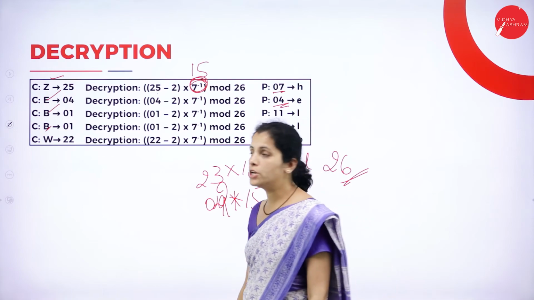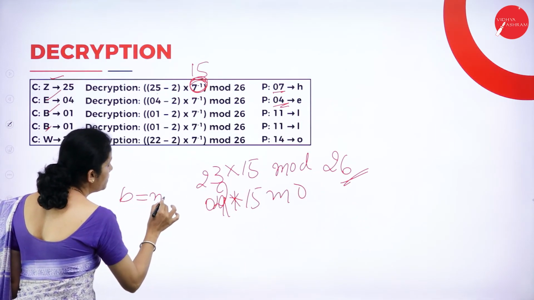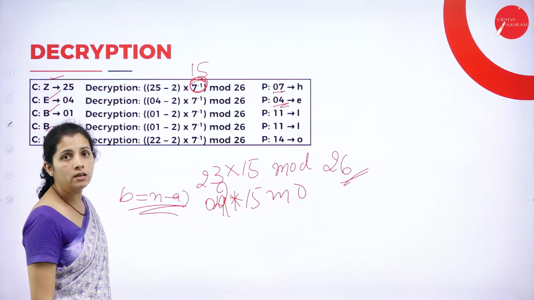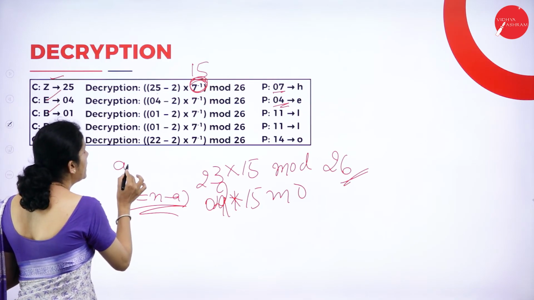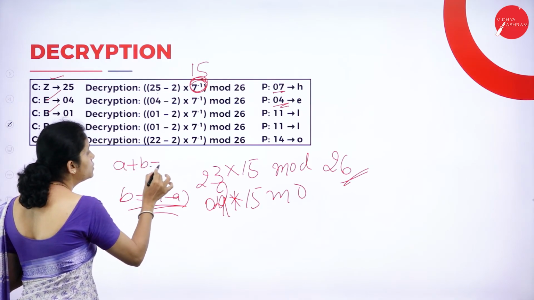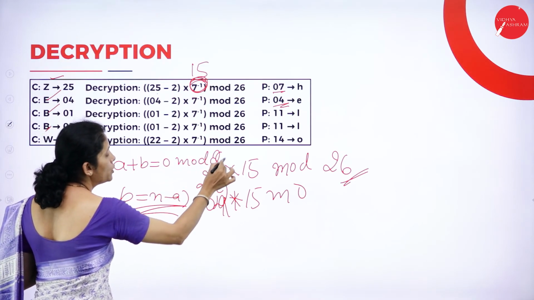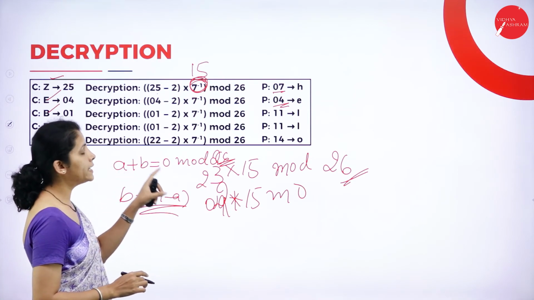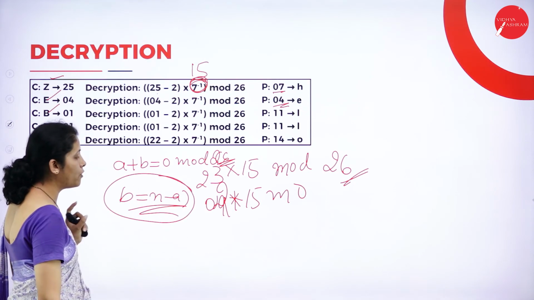In that situation, you want to consider B equal to N minus A. This is the formula that comes under additive cipher. That means I want A plus B equal to 0 mod 26, or N. Suppose I get any negative value, at that time I want to consider this formula.